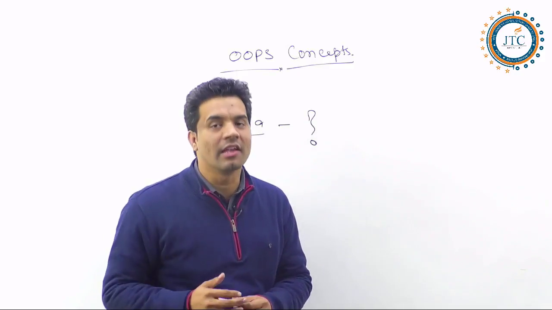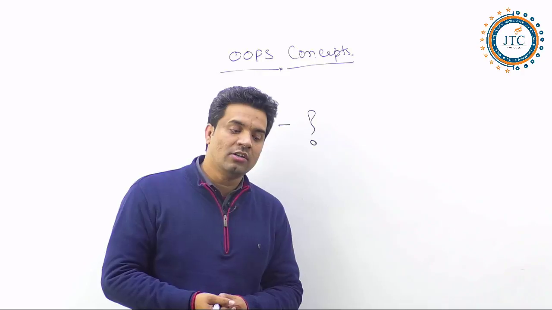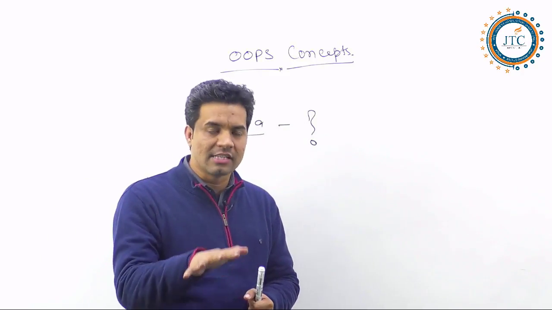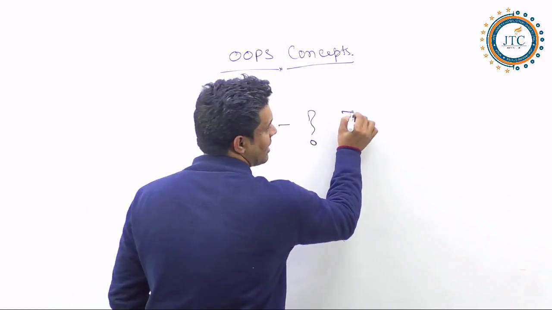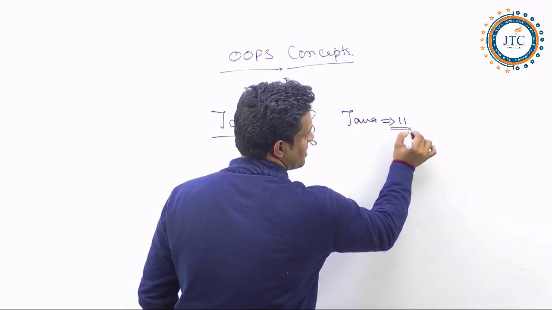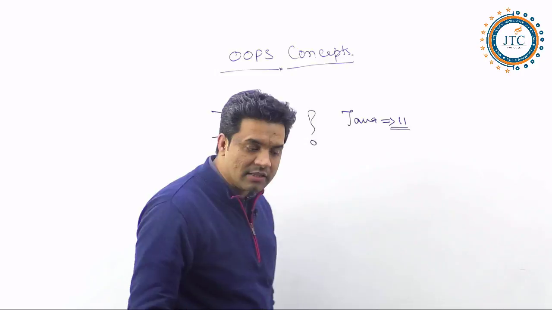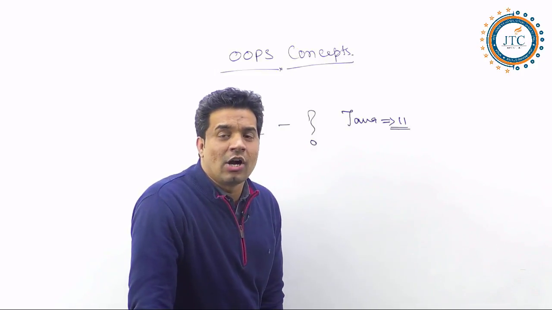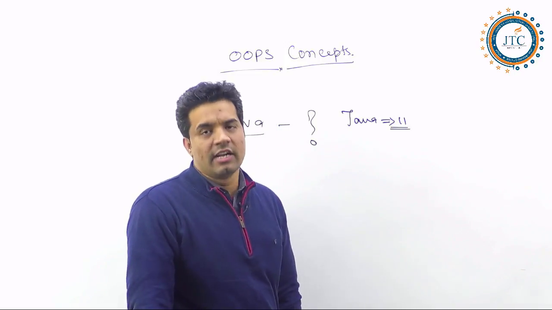And one thing here: when we say Java is an object oriented programming language, at present Java 11 is the version available in the market. So we cannot say now that Java is only an object oriented language.